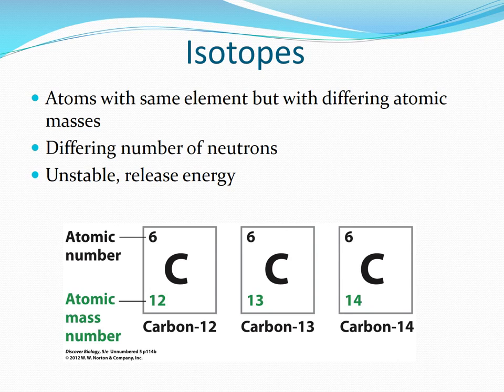We already knew that the atomic number was the number of protons, so that's the same number. But when we get to carbon-13, that means that we have 7 neutrons for 6 protons. So it's unbalanced. And there's a reason that that's important, and we use that for a number of features. One of those is to look at how old items are.